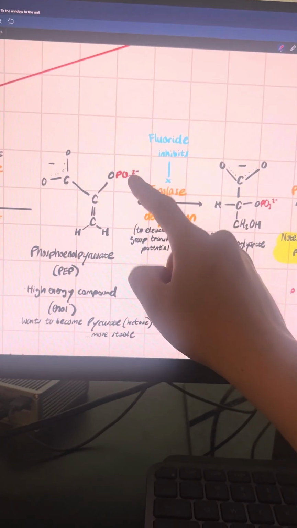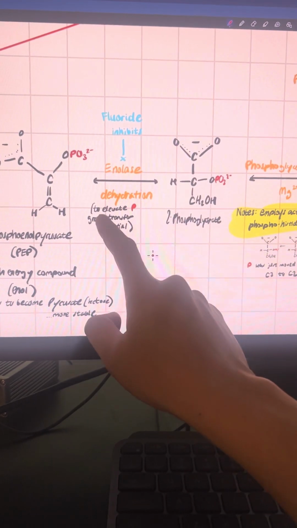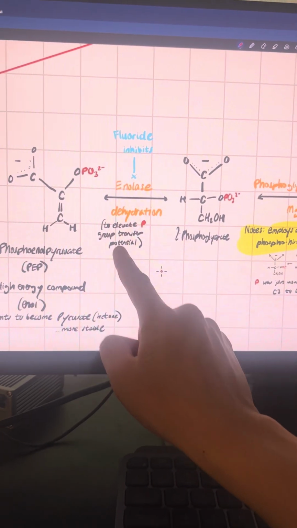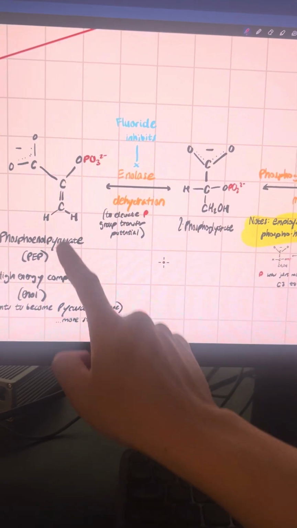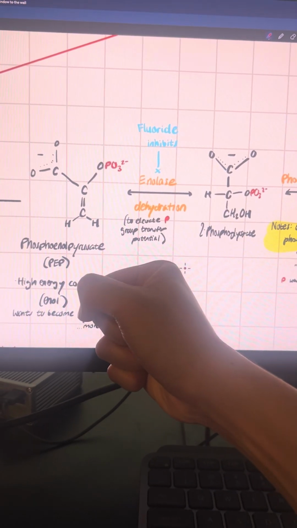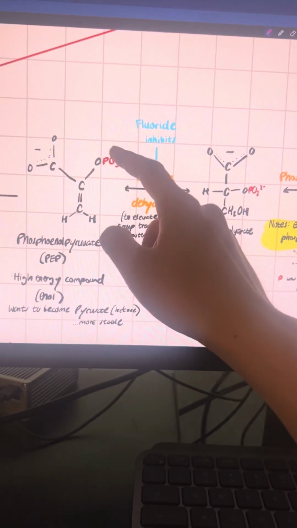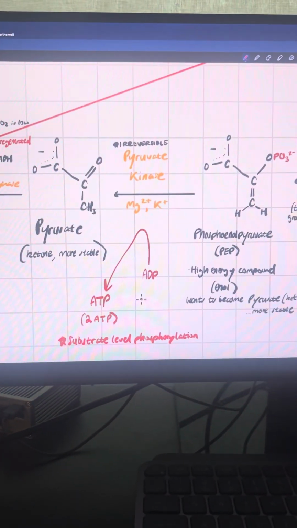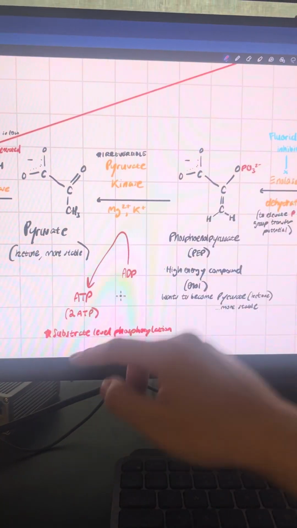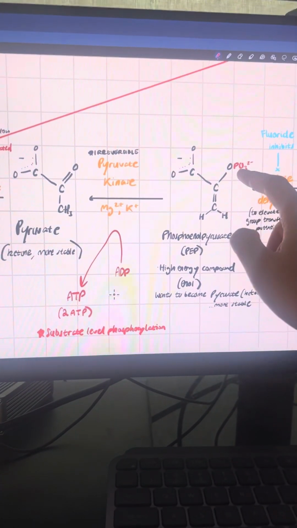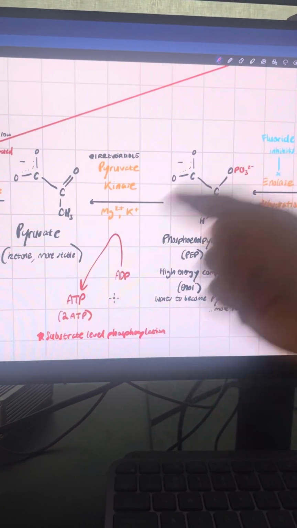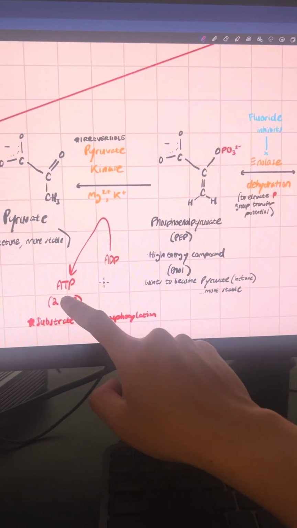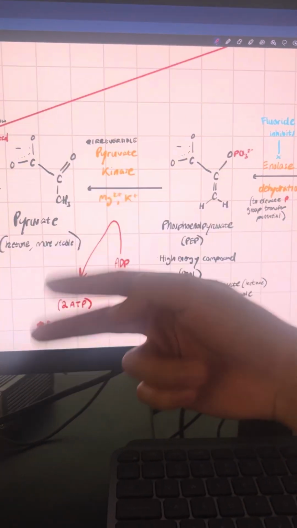The purpose of the dehydration reaction by enolase was to elevate the phosphate group transfer potential. Now that you've formed this unstable enol, you're ready to let that phosphate go. And what do you think will happen with that phosphate? You're gonna have the second substrate level phosphorylation. You use that phosphate on the enol, which is so ready to go, to put onto an ADP again to make ATP. So that's your second ATP.